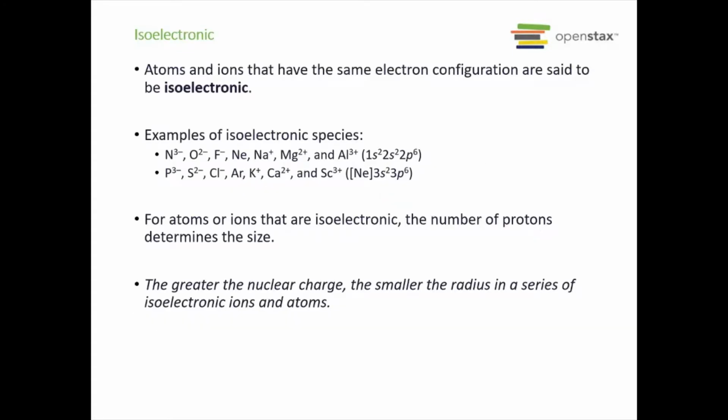Now, if you have an atom and ion that has the same electron configuration, we call this isoelectronic. So that means you write down the electron configuration and it's the same. For example, N3-, O2-, F-, neon, sodium, Mg2+, and Al3+ all have this electron configuration because they have a total of 10 electrons.